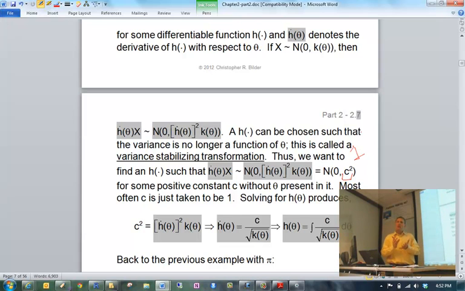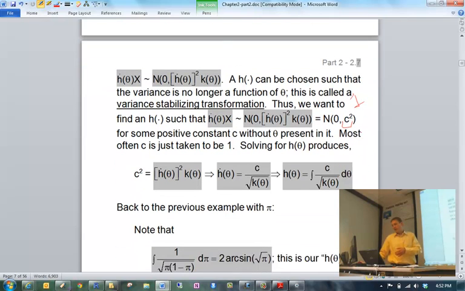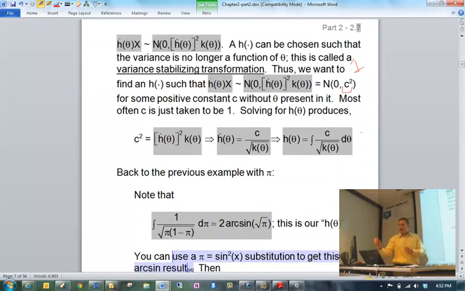So what do I choose, though, for this h of theta? It's actually quite simple. I have c squared is equal to the derivative of h of theta squared times k of theta. I want to solve for h of theta.